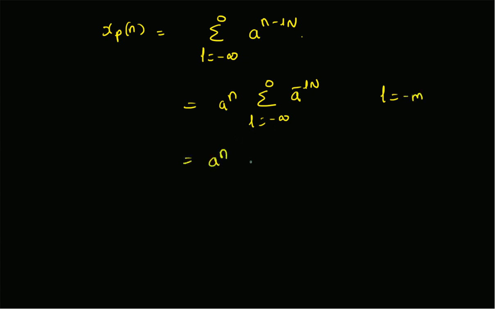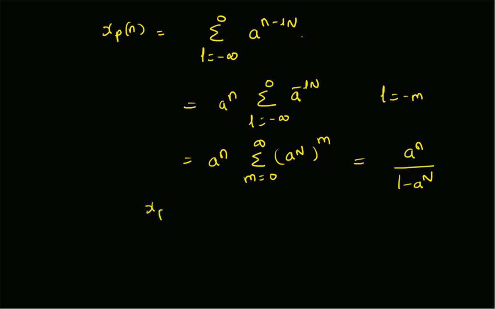So this is a power n times summation m equal to 0 to infinity of a power N, to the power m. So obviously this should be equal to a power n divided by 1 minus a power capital N. So that is the sequence xp of n.